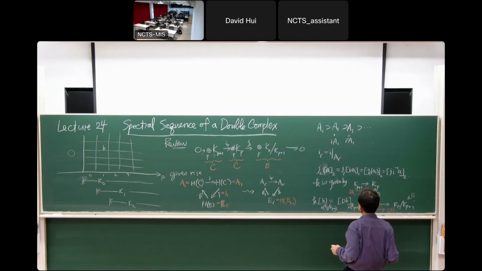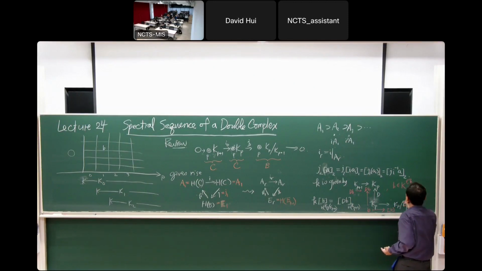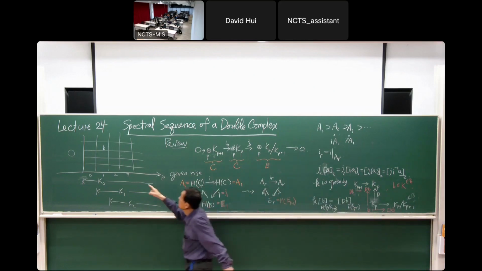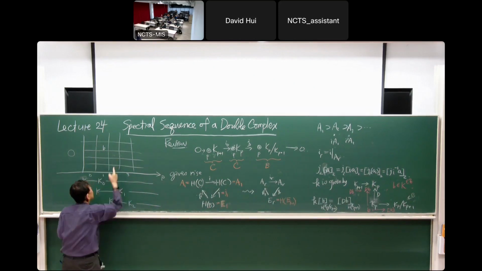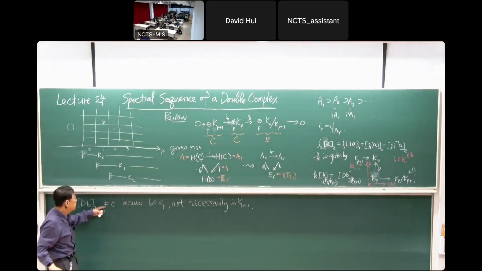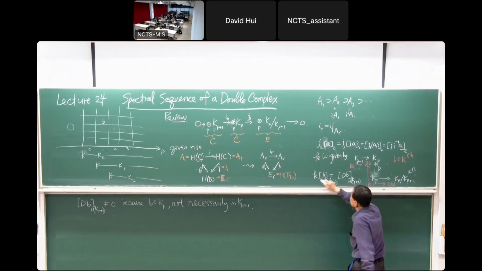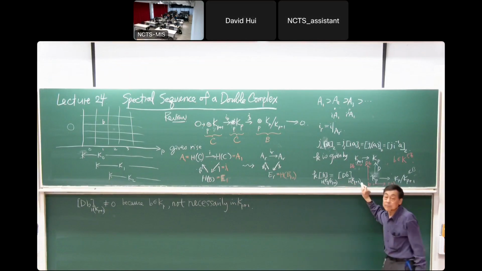So here we can say b is in K_{p,q}. We choose b to be in that block. So it's not in K_{p+1}, okay? And that's why this is not necessarily 0. Okay, so that's how we get k. k is just given by big D.